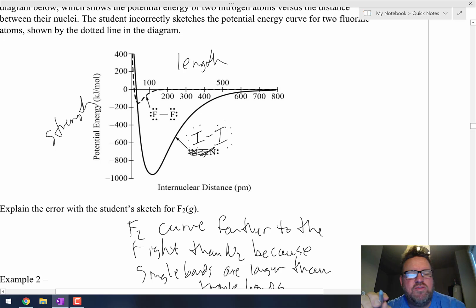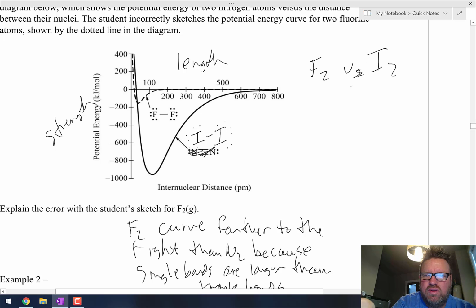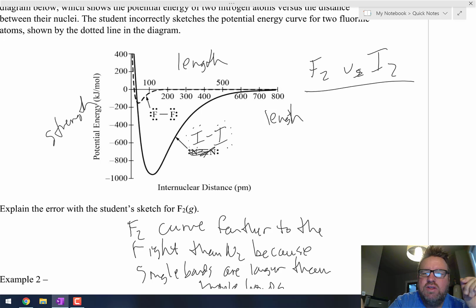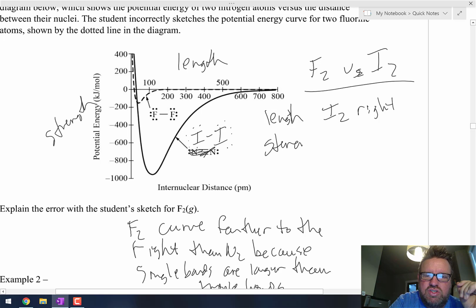So in terms of bond length, F2 versus I2, which one's going to be farther to the right or farther left? Again, iodine is a much larger atom than fluorine is, so iodine would be farther to the right in terms of bond length.